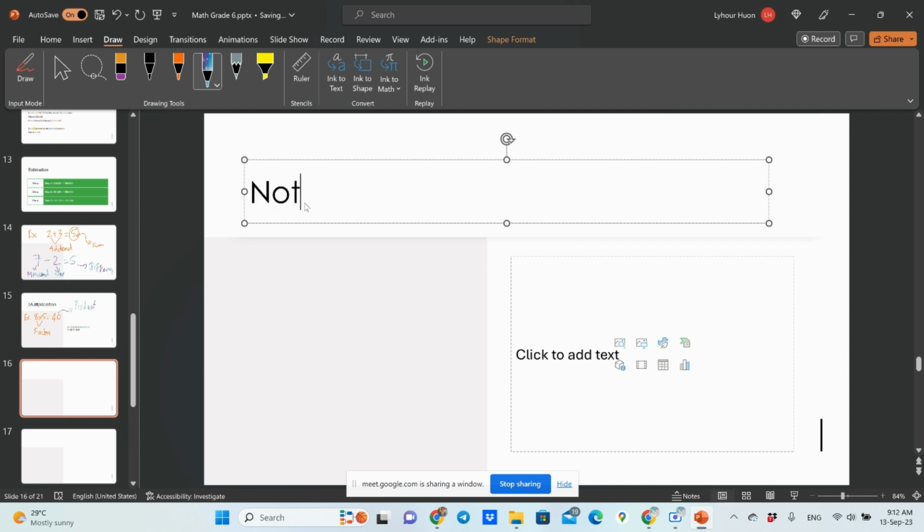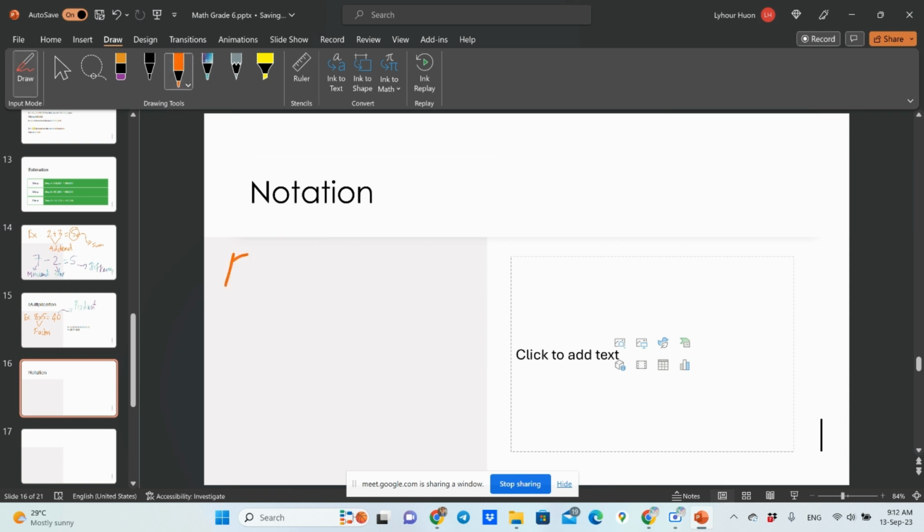I think we should go with notation first. So, the notation of multiplication. Sometimes we see the sign immediately, like 8 times 5. Sometimes we see 8 and one dot with the 5. This is also multiplication. But remember, sometimes students get confused and write the dot down here at the bottom.